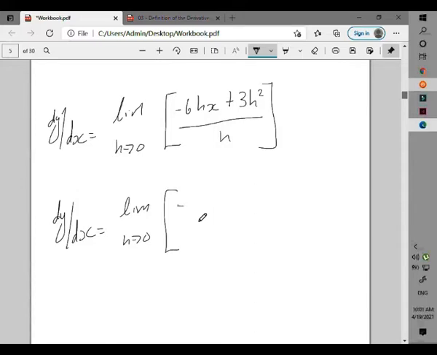I'll write it as negative 3h, negative 3h of 2x. To get the positive, it's going to be minus h.